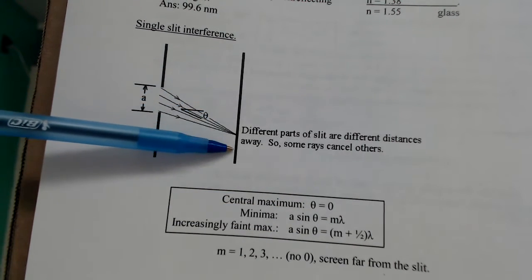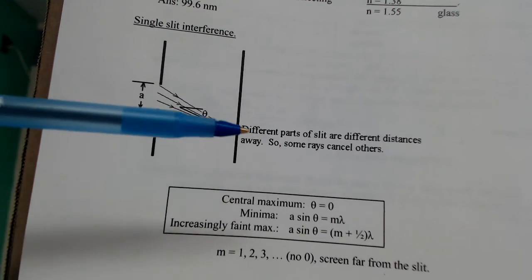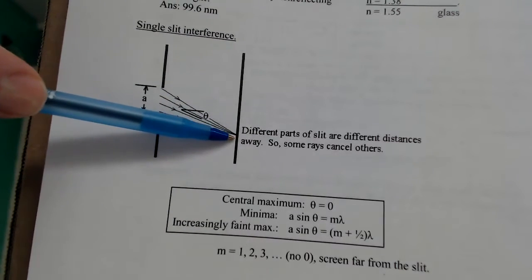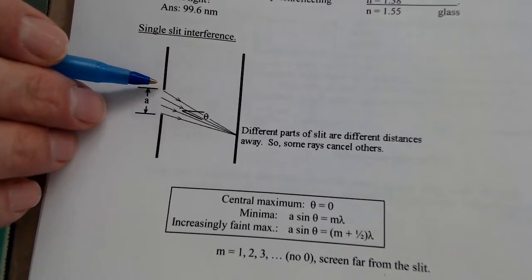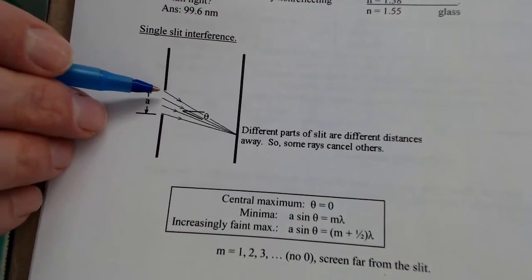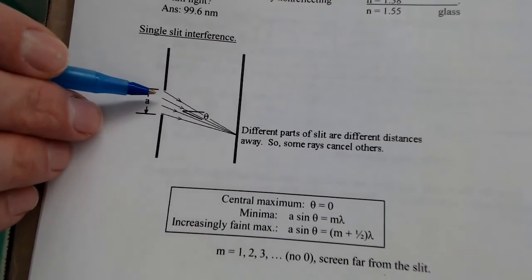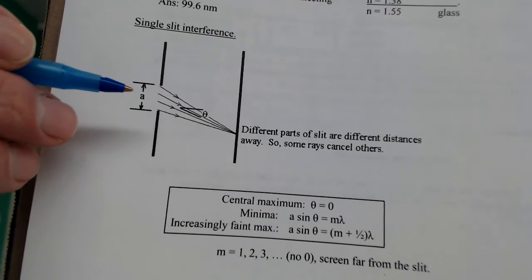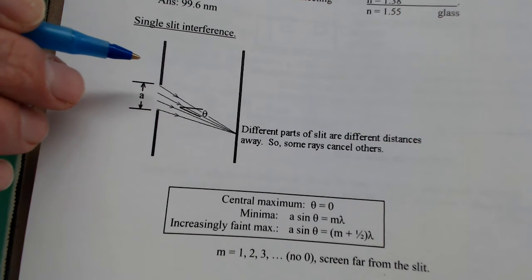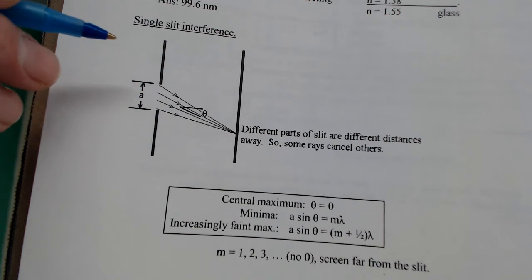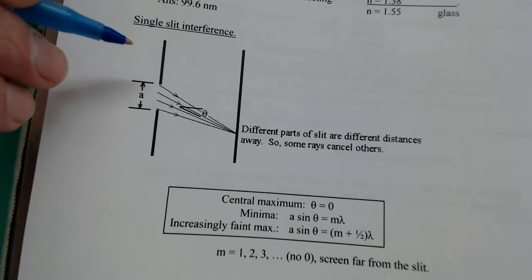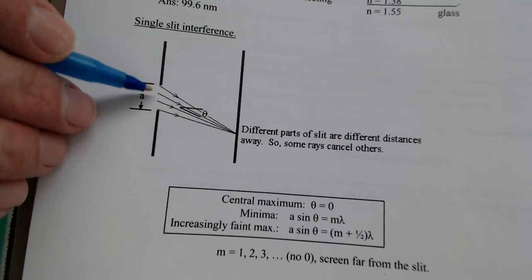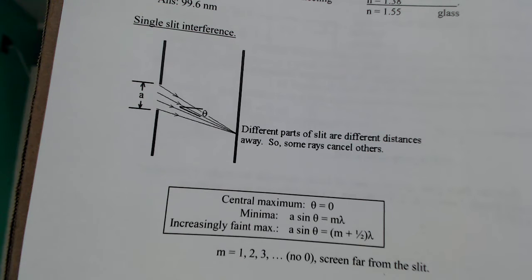You start working your way to the side, either way, up or down the picture. You get far enough to the side, and the ray that goes through the very top of the opening will be half a wavelength longer than the ray that goes through the middle of it. So those two cancel. And the next ray down in the top half of the slit will also be half a wavelength longer than the next ray down in the light that went through the bottom half, and so on and so on.